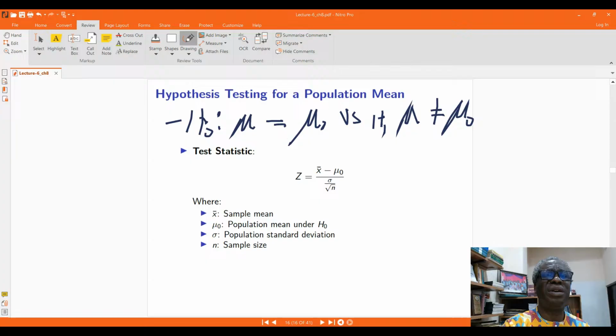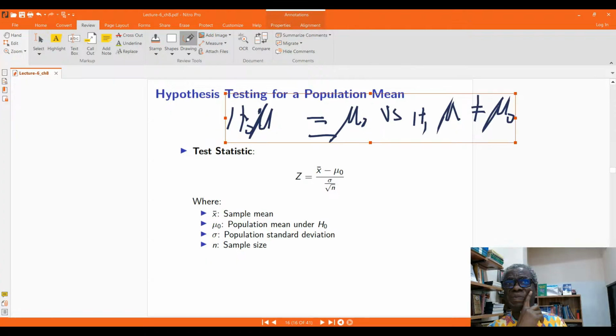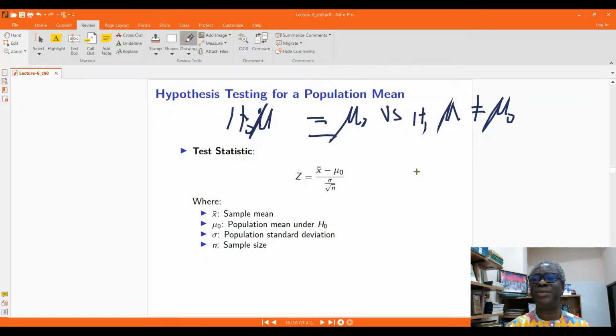Here mu naught is a specified value. So the mu naught here could be any value that is specified.